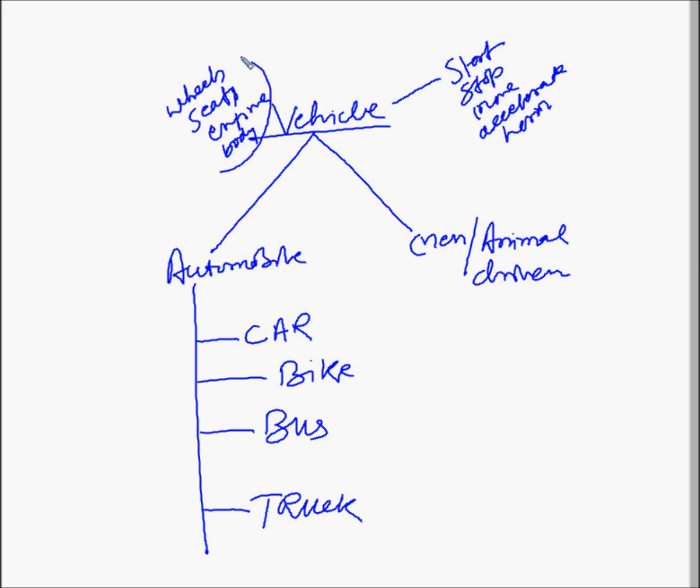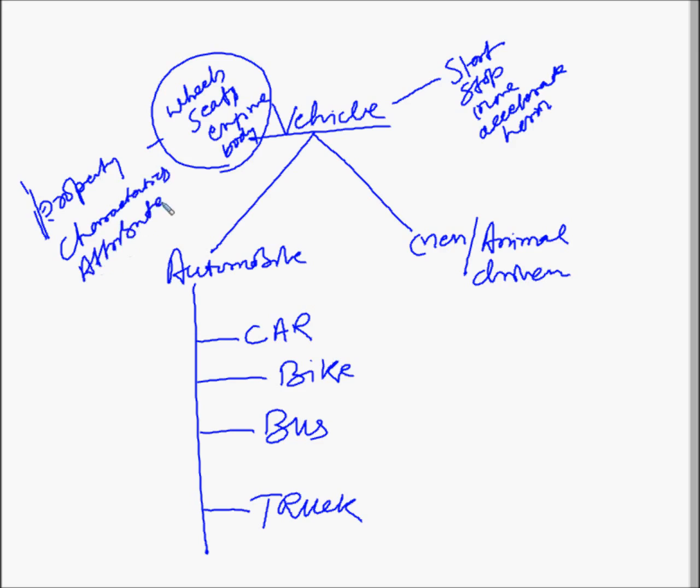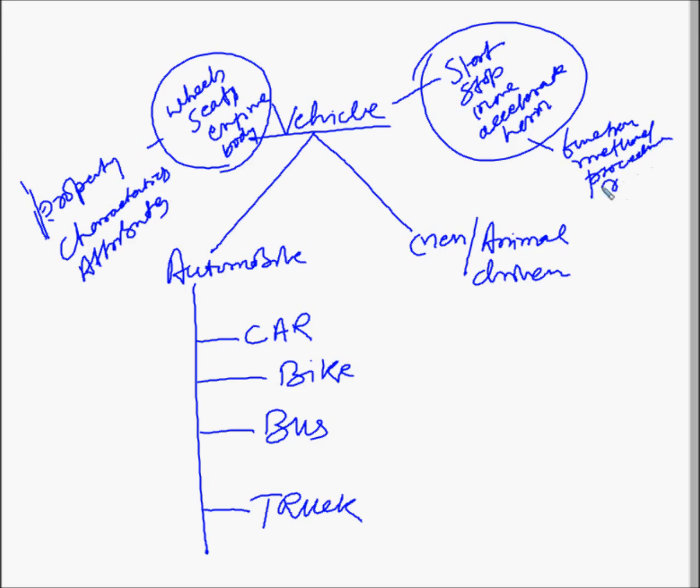So we can say property, also characteristics, attributes. All these are same. In some languages we call it function, we call it method, procedure, routines, all are same.